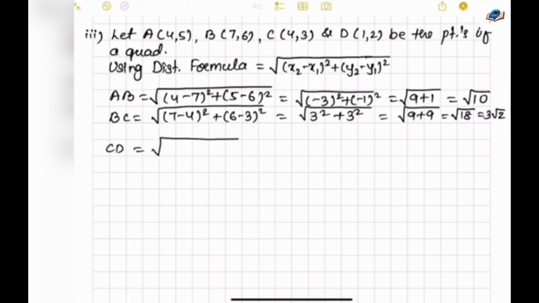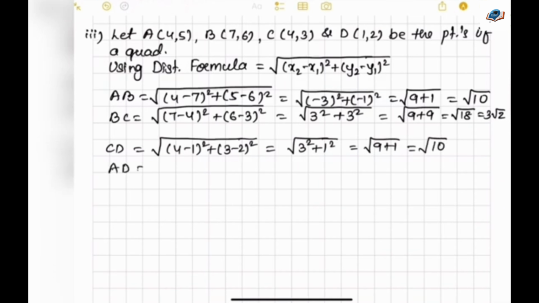Now CD is (4 minus 1) whole square plus (3 minus 2) whole square, which is equal to 3 square plus 1 square. So that is equal to 9 plus 1, that is root 10.